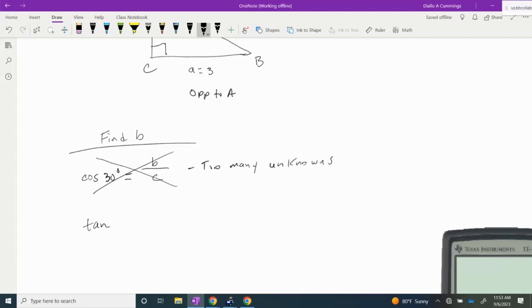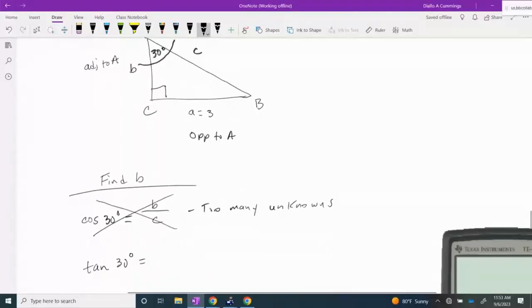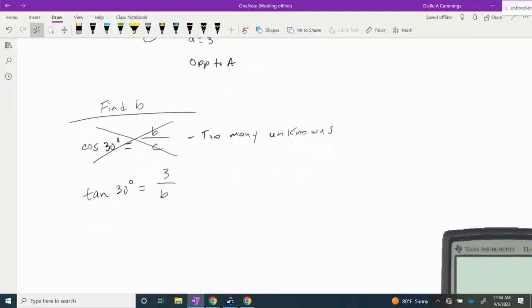So we're going to say the tangent of 30 degrees is equal to the opposite, which is 3, over the adjacent, which is B. Now I want to solve for B. What should we do first?